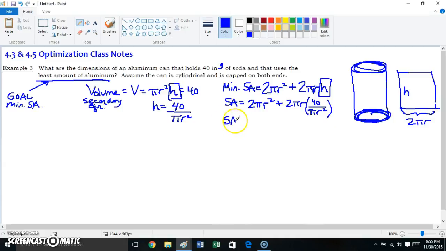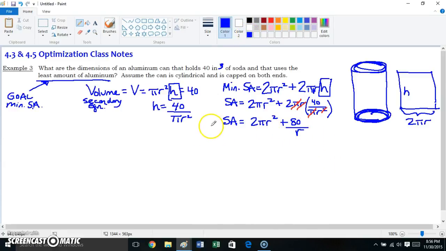Go ahead and simplify that equation to 2 pi r squared plus 80 over r. The factor of pi is going to cancel out, and one factor of r is going to cancel out.